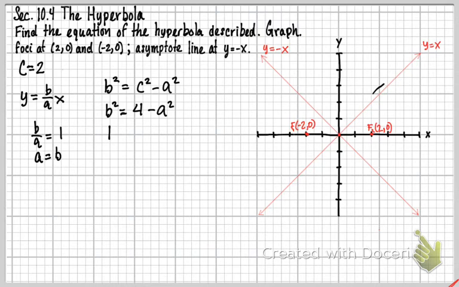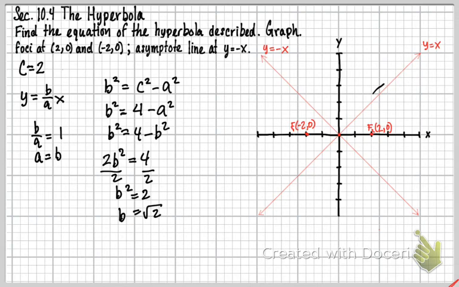So b squared equals 4 minus b squared, which is going to be 2b squared equals 4. I divide by 2, I divide by 2. So b squared equals 2, which tells me b equals square root of 2. Then a is going to be the same thing, so a equals square root of 2.